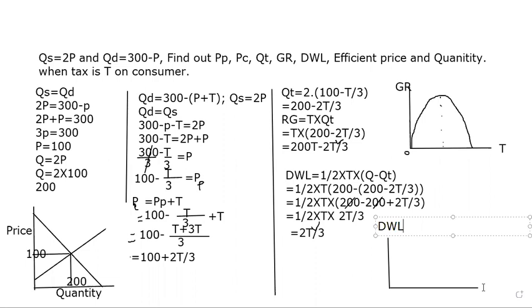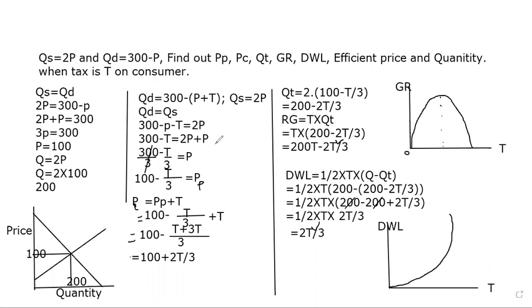This is our tax. When quantity of tax increases, deadweight loss gradually increases, and it's so fast. This is the deadweight loss line.